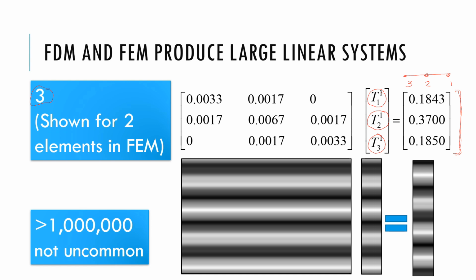If we try to do exactly what we are doing with this 3 by 3, it's going to have trouble. So we have to look for solving these large sets of equations more efficiently.